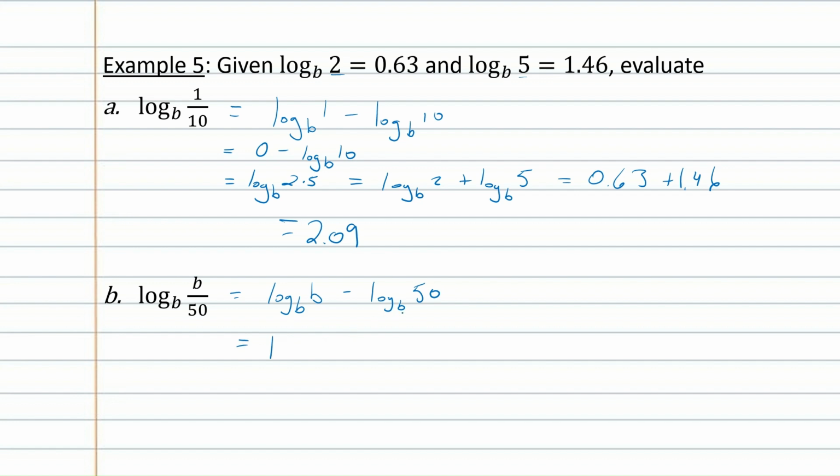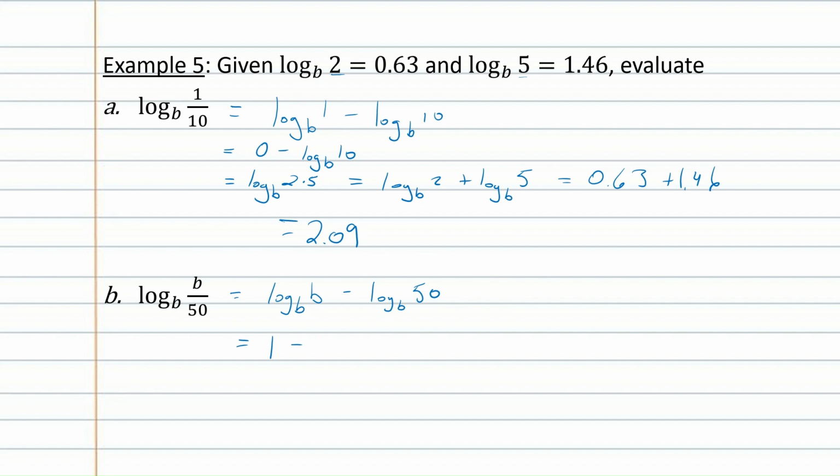Now the log base b of 50, a little more tricky. I need to break this up into 2s and 5s. If I look at 50, I know 5 can go into 50. 5 will go into 50 and give me a 5 and a 10, but that really doesn't help me too much. What else can go into 50 that's just 5s and 2s?